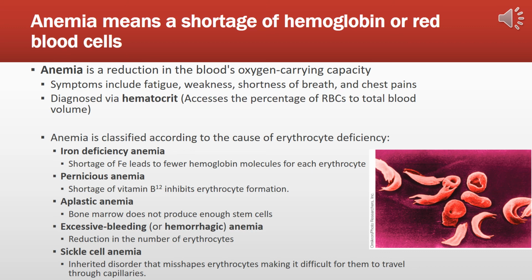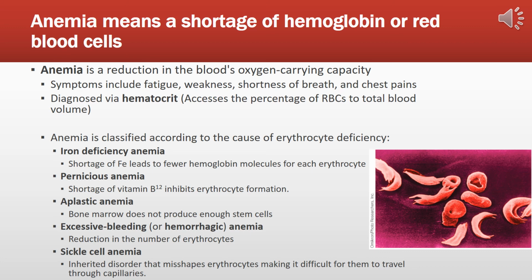And this is diagnosed via hematocrit, which is a test used to assess the percentage of erythrocytes compared to the total blood volume. So it's the amount of erythrocytes per blood volume.